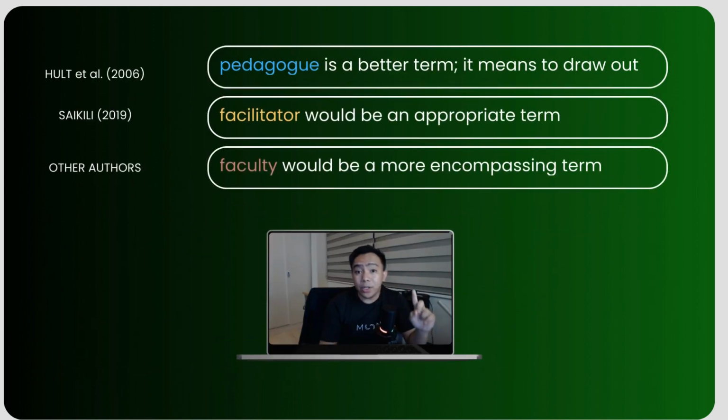Now, it's also important to note that Saikili, in his definition in 2019, even made use of the word facilitator instead of teacher from Keegan's definition, because it makes more sense in the dynamic. Sometimes even other authors call it faculty instead of teacher. It's a bit confusing, right, with this mix of words to define who the teacher is.